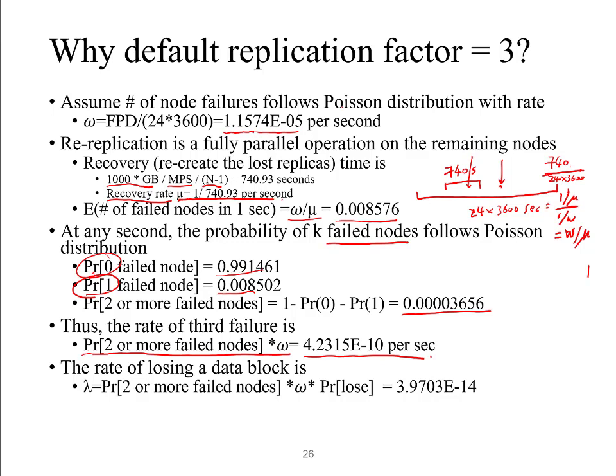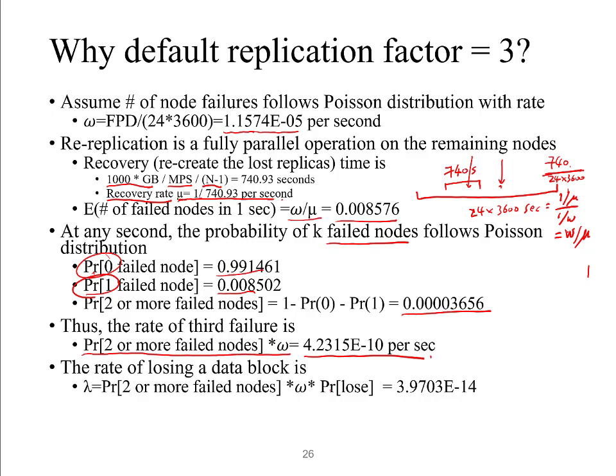It is possible that due to, for example, a power outage, all the nodes on a rack would be offline at the same time. But here we just simplify the problem and assume that the failures of all the nodes are totally independent. We have this rate of third failure.